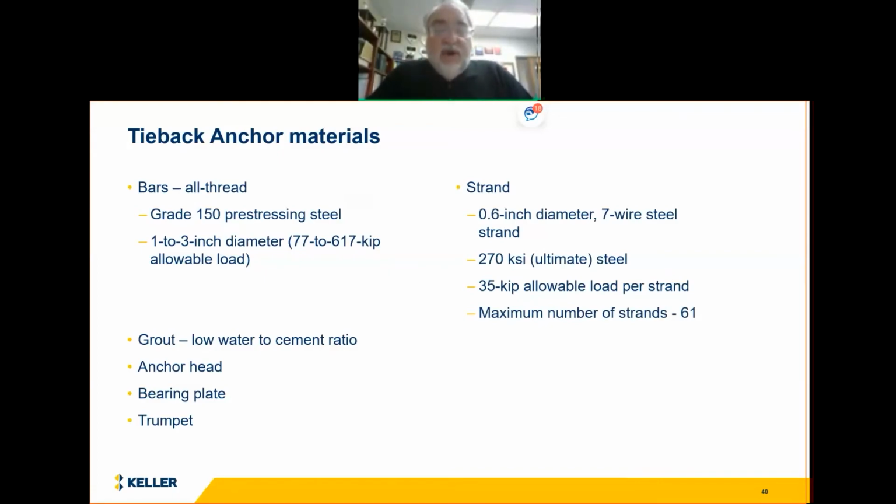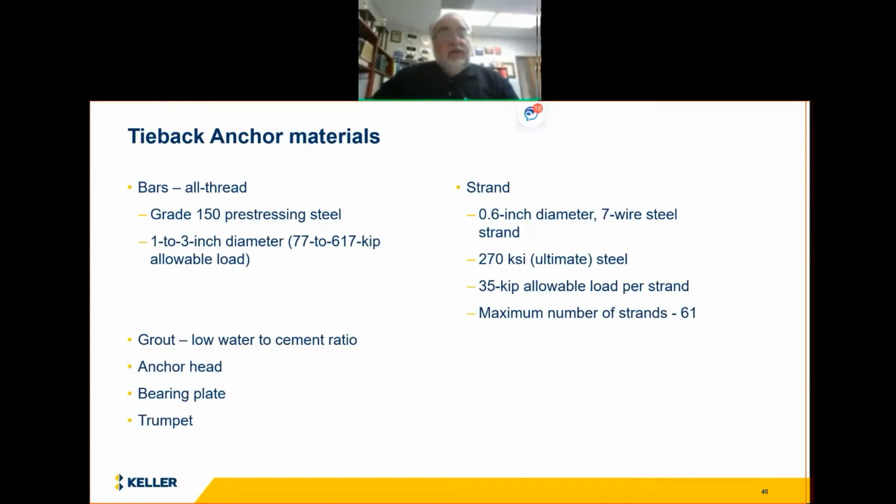Strands are used very commonly. It's a very high strength pre-stressing strand that you see here, and they can accommodate any load that you want, pretty much, and are prefabricated by our suppliers in certain lengths, and we are able to place them all in one piece down the hole.